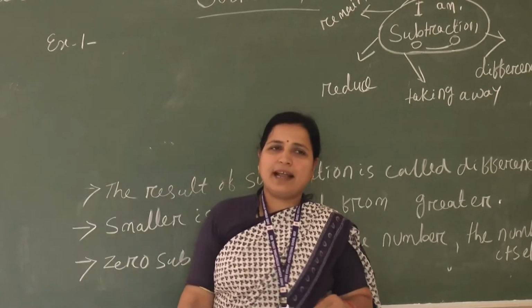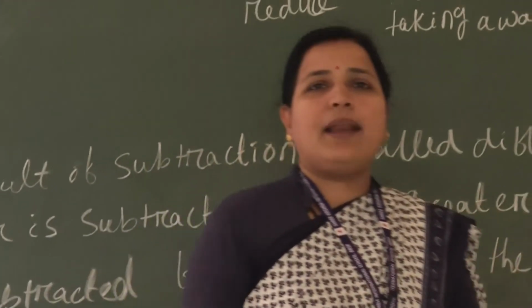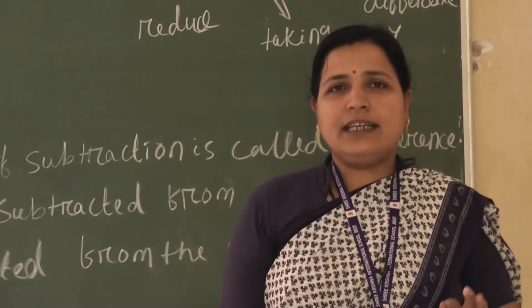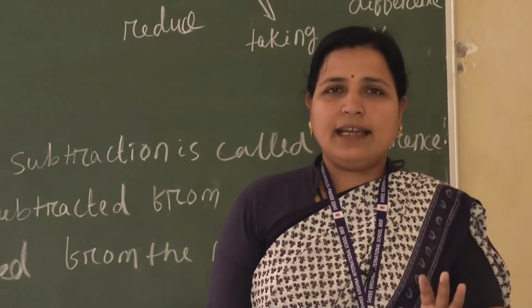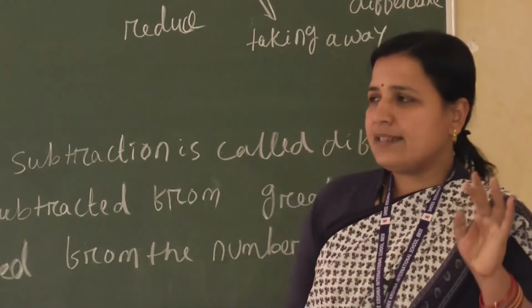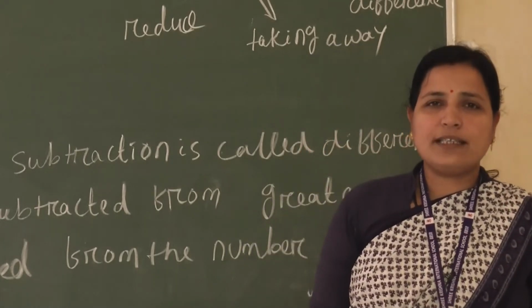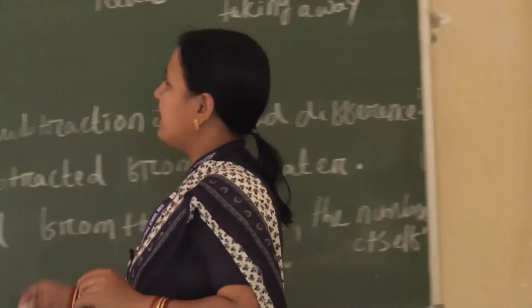When you do subtraction, you first write the numbers according to place value. If you do 3-digit subtraction, you write the 1s place, 10s place, 100s place. If you do subtraction of a 2-digit number, you write the 1s place and 10s place.